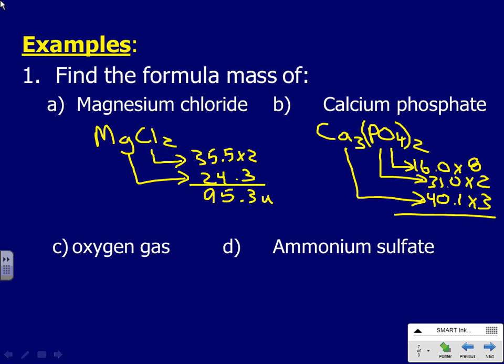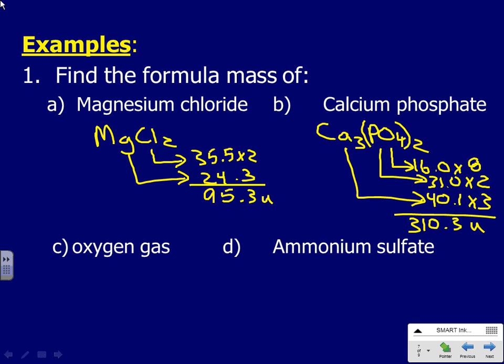Times, plus, it'll do all the order of operations for you. What do we have? 310.3? 310.3 U. Atomic mass units.